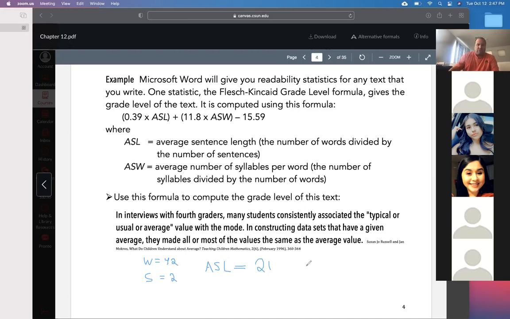Now we need the average number of syllables per word. So we have to compute the number of syllables. All right, so let's do it.